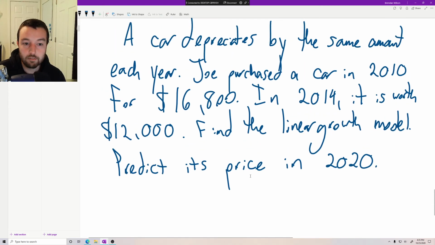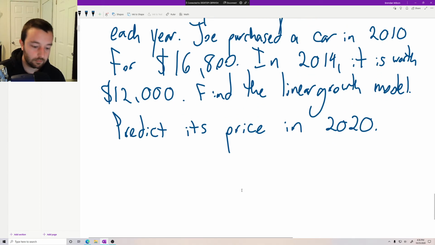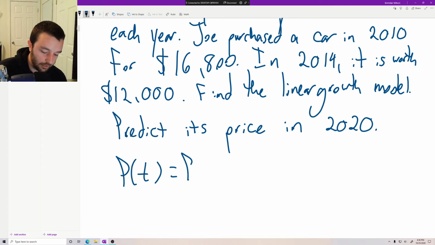So this is a little bit different because now we're not given the growth rate, or how much it's growing by, or in this case, actually decreasing by. So what do we do here? Well, we know P of t is P sub 0 plus t times d.